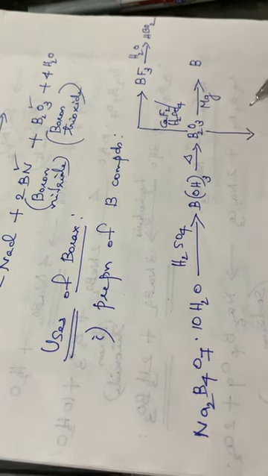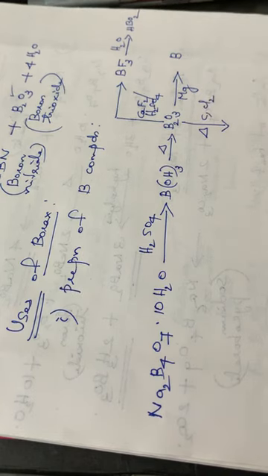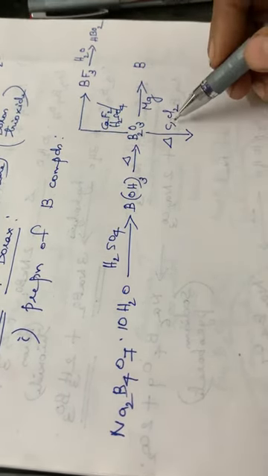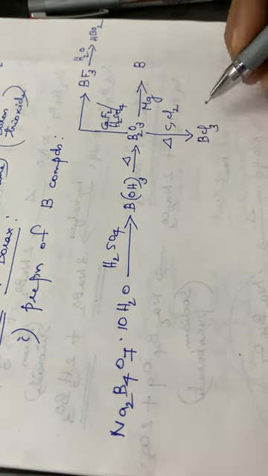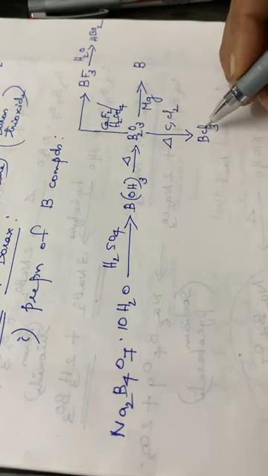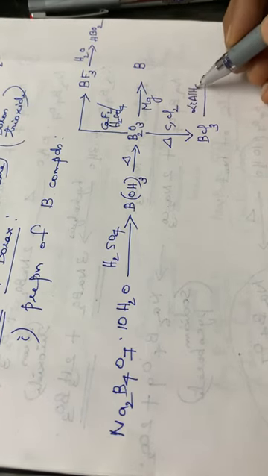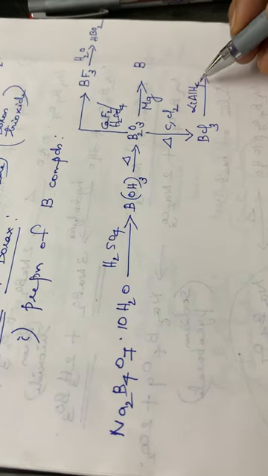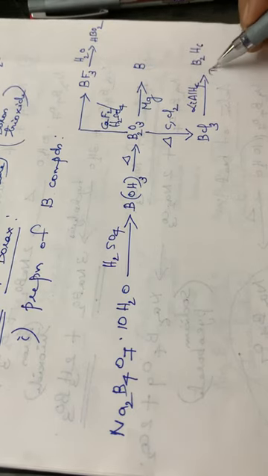Then another reaction, B2O3 on heating in the presence of carbon and chlorine gives BCl3. Boron trichloride is obtained. Then boron trichloride on reduction using lithium aluminium hydride, a very good reducing agent, gives diborane B2H6.